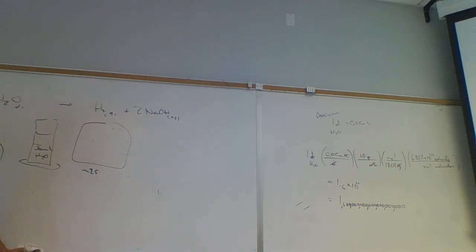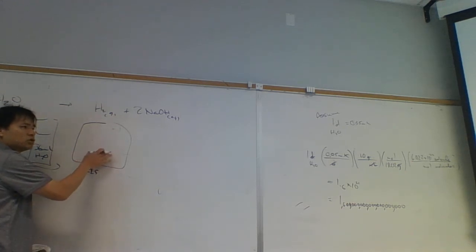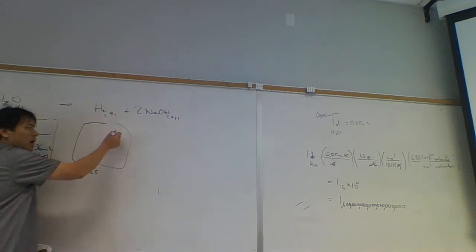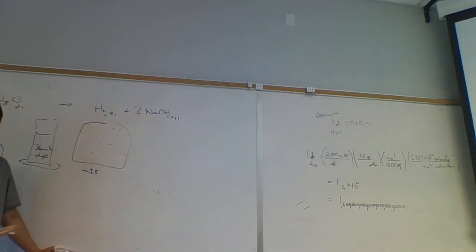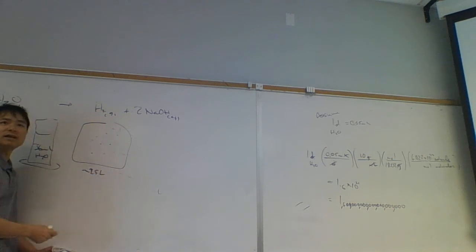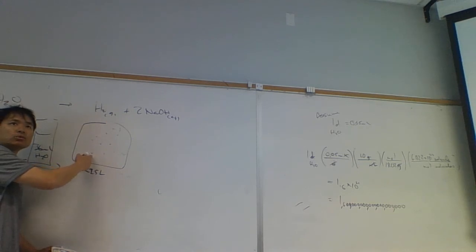There's going to be a second gas chapter. In the second gas chapter, if I have 602 billion trillion hydrogen molecules in here, how much space does that take? It takes only about 25 liters at 1 bar pressure and 25 degrees C.